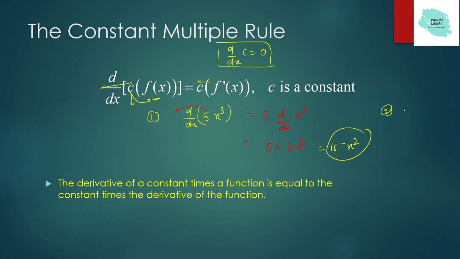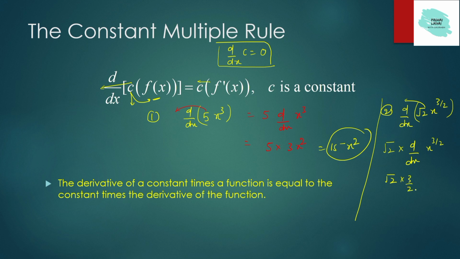See one more example, if it is written differentiation of under root 2 x to the power 3 by 2. How to do? Root 2 is a constant number. So root 2 will come out, times the differentiation of x to the power 3 by 2. So under root 2, 3 by 2, x to the power 3 by 2 minus 1.